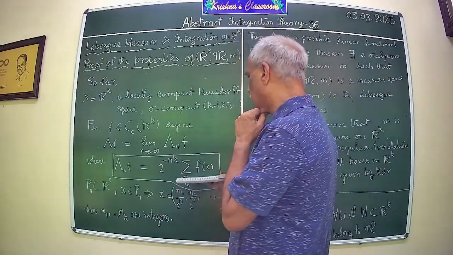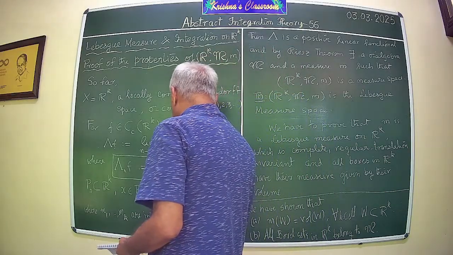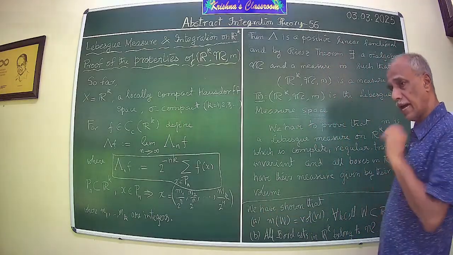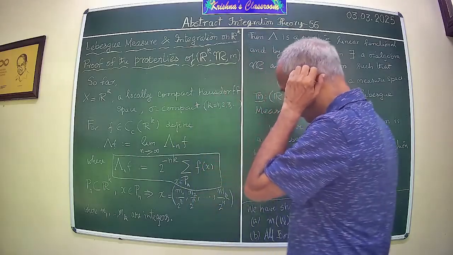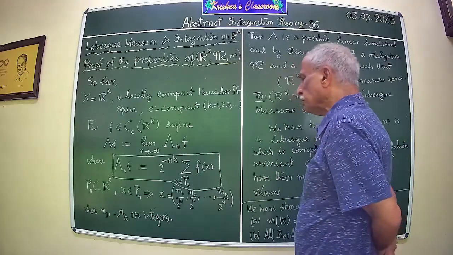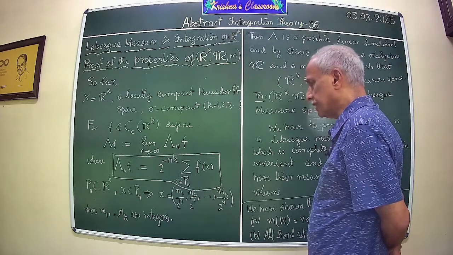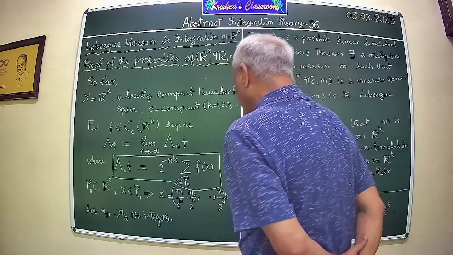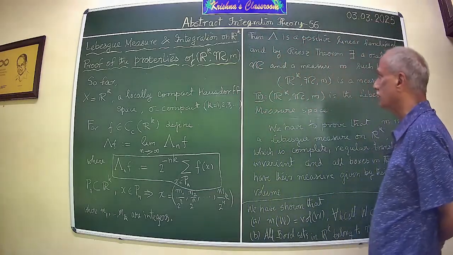That means the value of f at every point in P_n. P_n consists of points in R^k whose coordinates are of the type m1 by 2 to the power n, m2 by 2 to the power n, etc., mk by 2 to the power n, where all the m_i's are integers, positive and negative.